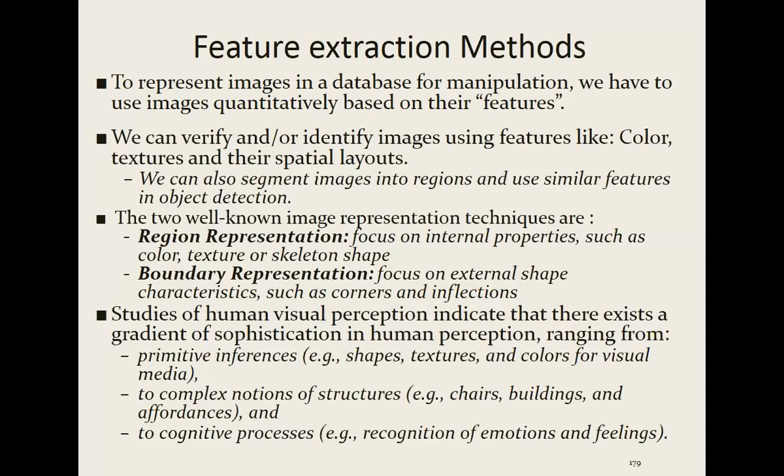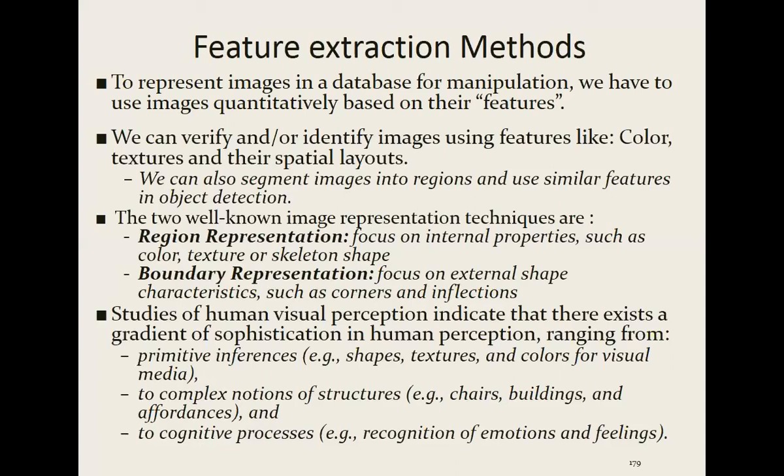Just by using structure, we can't represent them unless we also tell the position of those two endpoints. So boundary representation can be used, but rather than using it independently, it's better to combine it with other region representations.